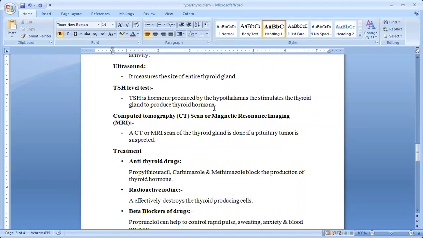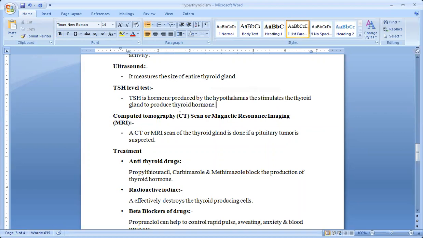So here we are testing how much TSH hormone is secreting, because it stimulates the thyroid gland, and due to that stimulation, the thyroid gland produces T3 and T4 secretions, isn't it? The main one is TSH, thyroid stimulating hormone, produced in the hypothalamus. Because of this hormone, it stimulates the thyroid gland, and it secretes the thyroid hormone.